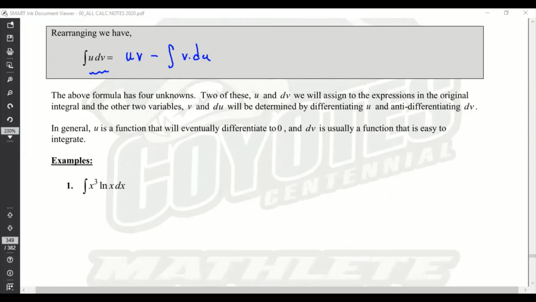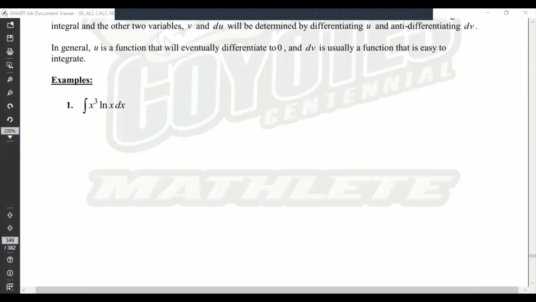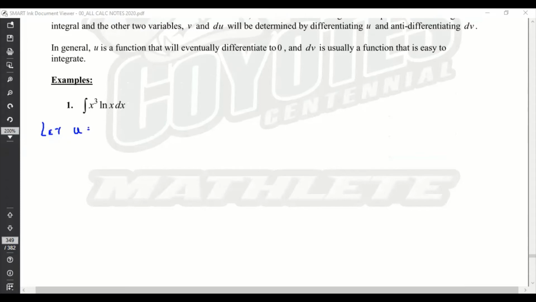All right, so what should we use in here? We have the integral of x cubed ln x dx. So we start off by saying let u equal, u is the one that we're going to differentiate. So let's call u equal to ln x. Therefore, we let dv equal the rest of it.